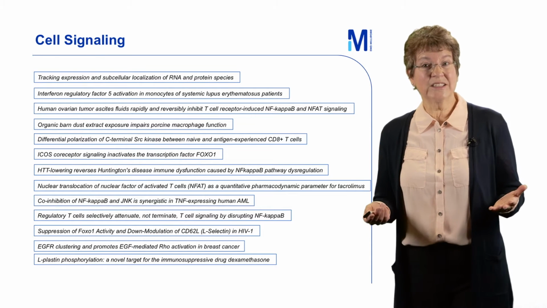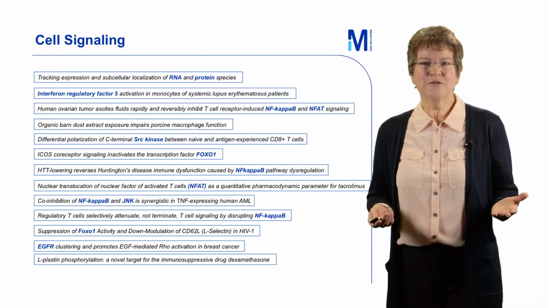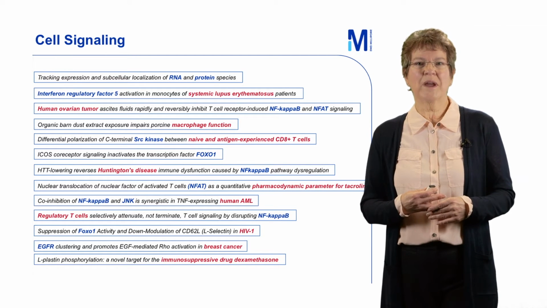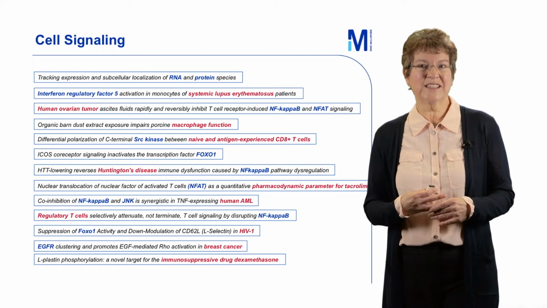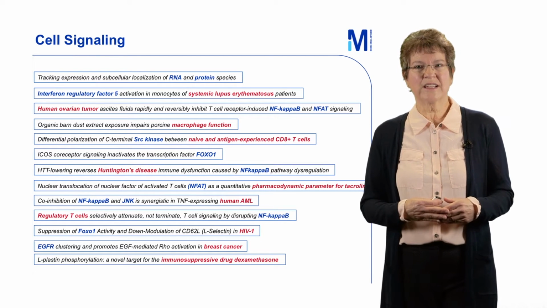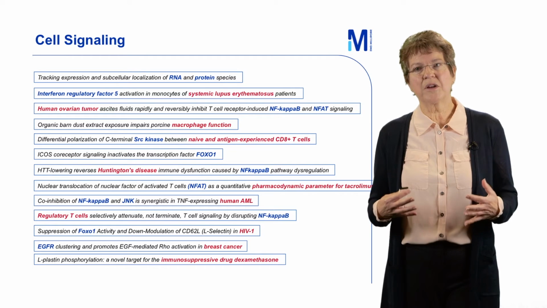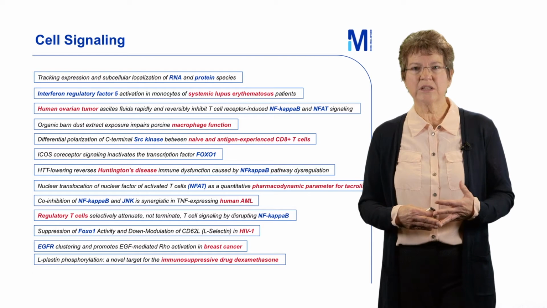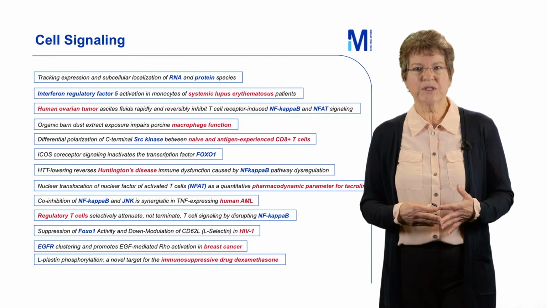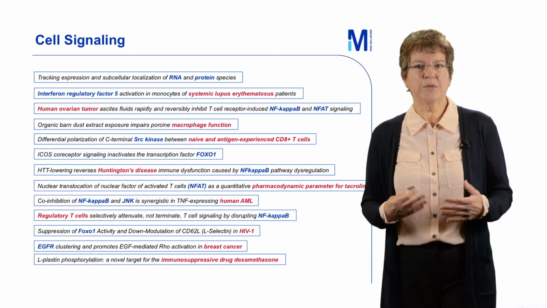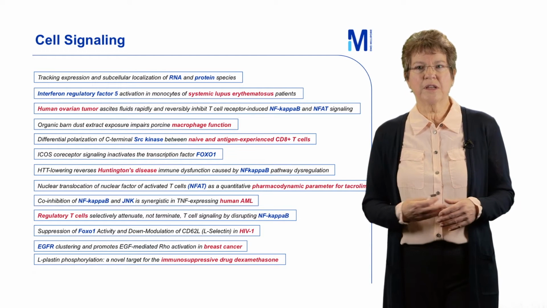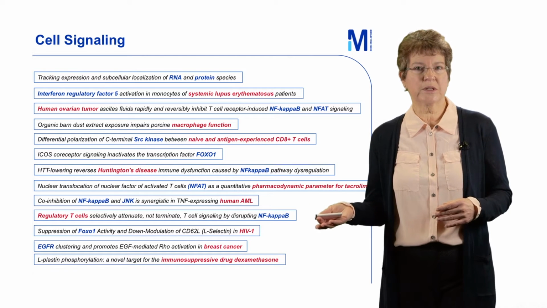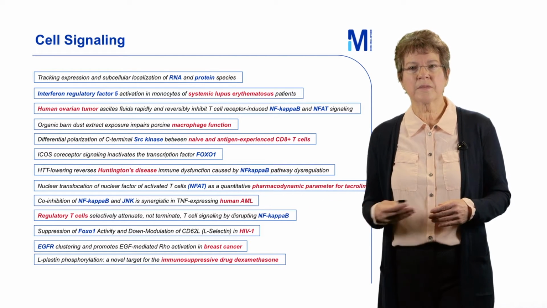So let's talk about cell signaling. This is taken from that publication list that I showed you a minute ago, this is taken from the titles. And what I want to point out here is that when you're talking about cell signaling, we're talking about not just looking at nuclear localization, but we're looking at RNA and proteins, different transcription factors, looking at, for example, the IRF5 translocation in systemic lupus erythematosus, one of the autoimmune diseases.